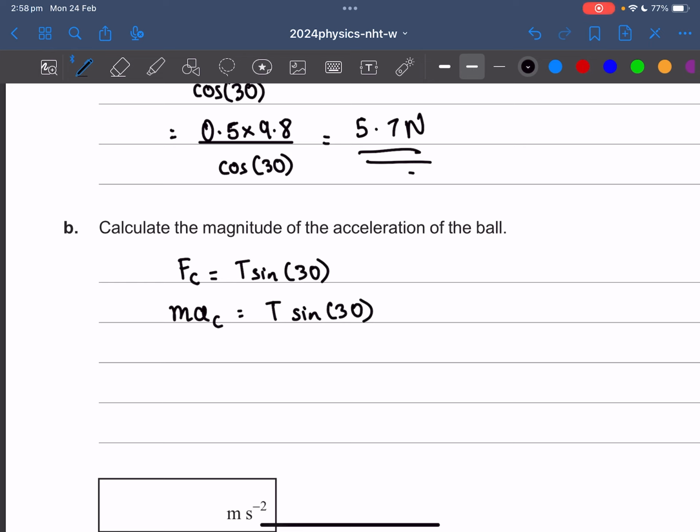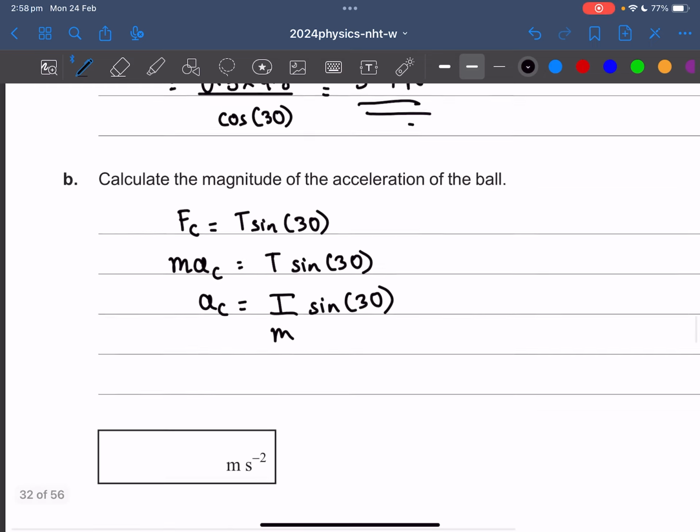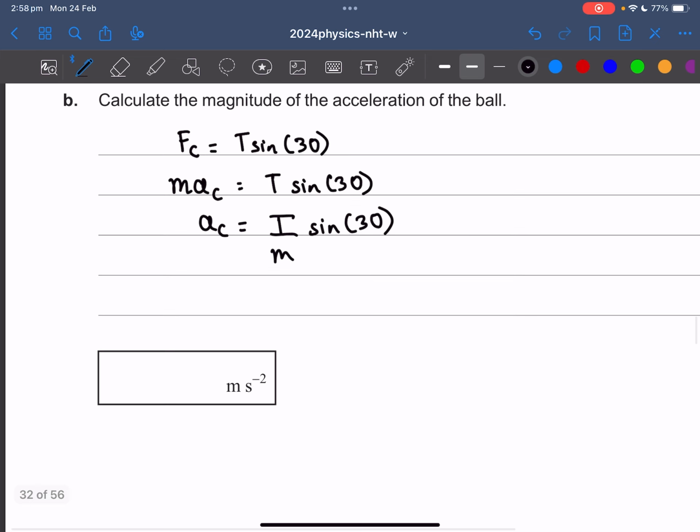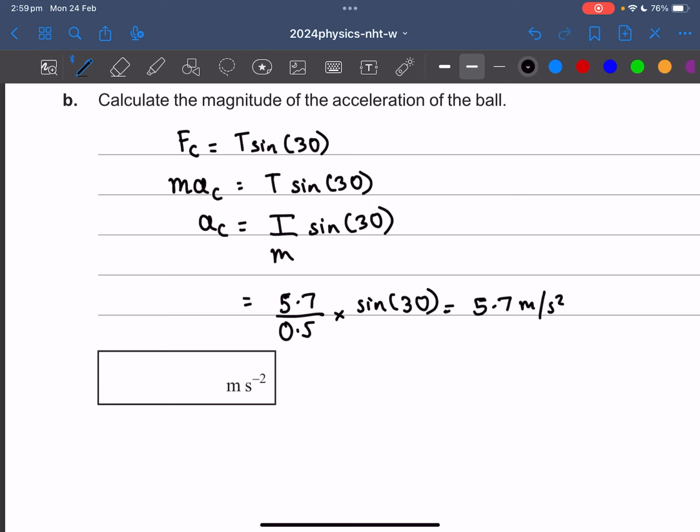So our acceleration would be T on m times sine of 30. So we will have 5.7 divided by m, which is 0.5, times sine 30. This and this would cancel out, but yeah, so the answer should be 5.7 meters per second squared.